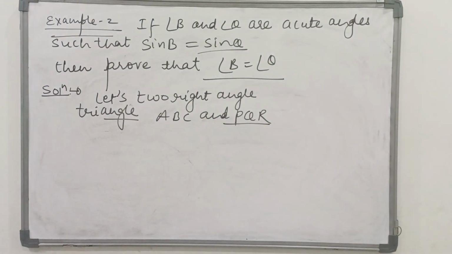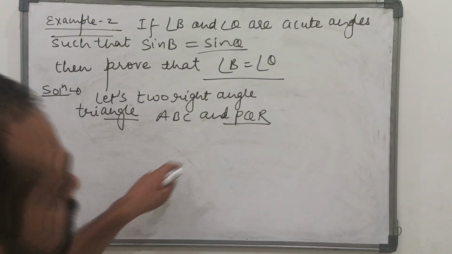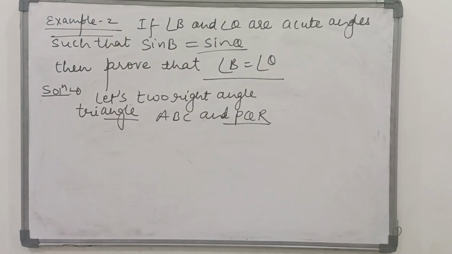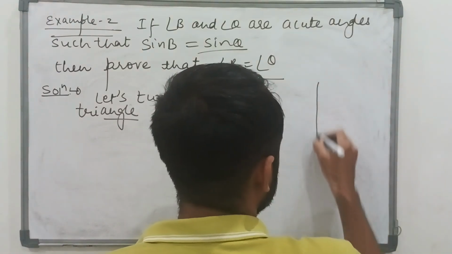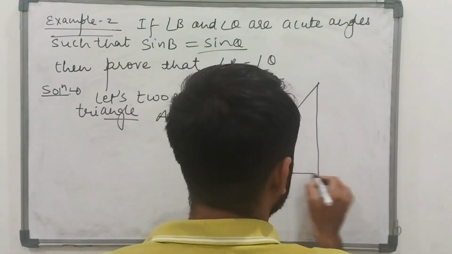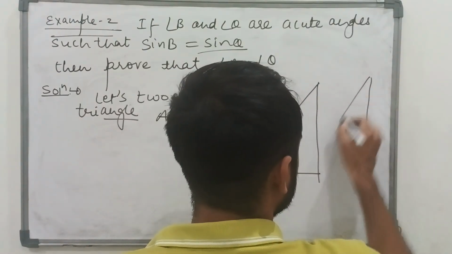Okay, understood? Now I'm going to draw the diagram. I'm going to draw the right angle triangle on the right hand side. This is a right angle triangle, and this is also a right angle triangle.